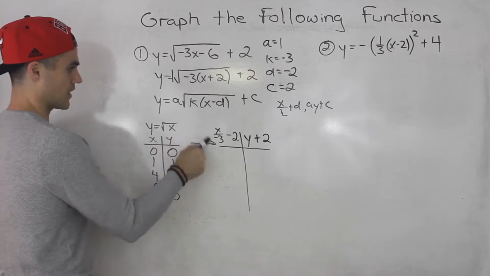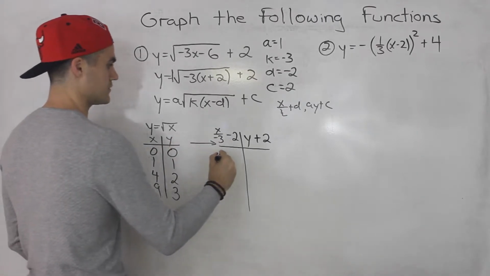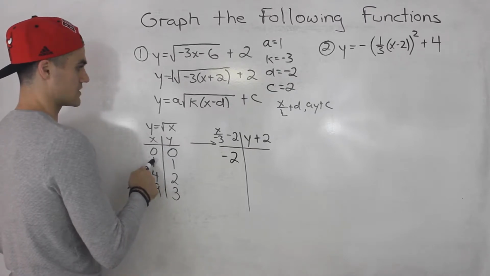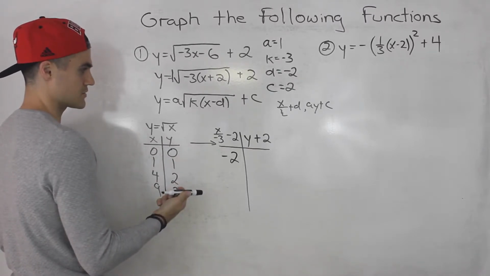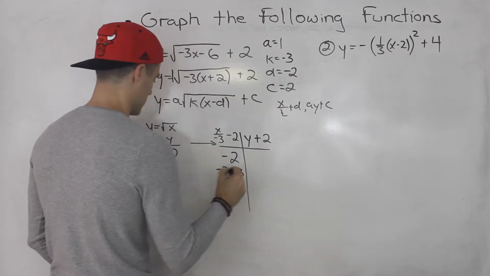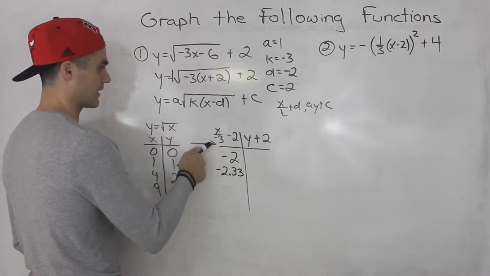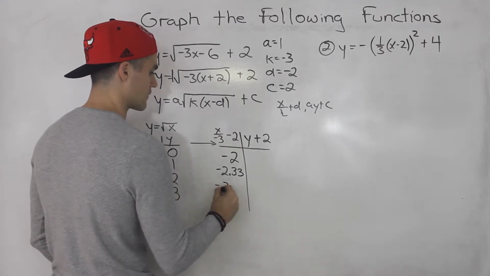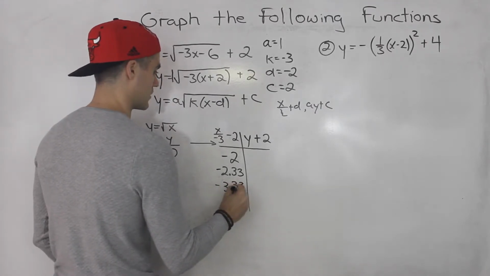So here, 0 divided by negative 3 is 0, minus 2 gives us negative 2. 1 divided by negative 3 is negative 1 over 3, minus 2, that's like negative 2.33. Then we've got 4 divided by negative 3, which is negative 1.33, minus 2 gives us negative 3.33.